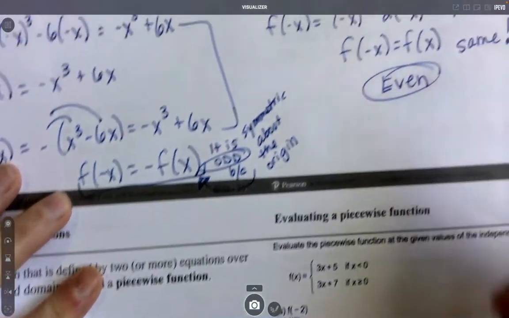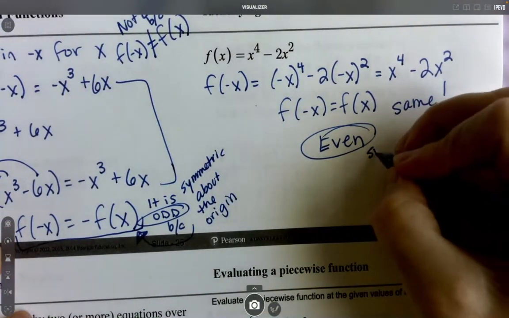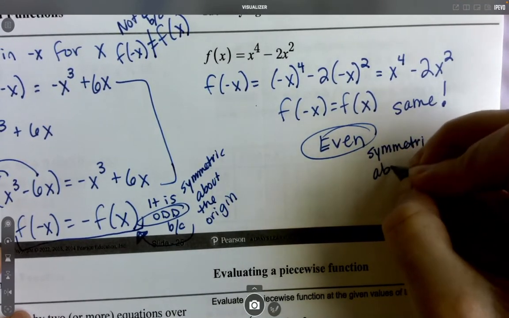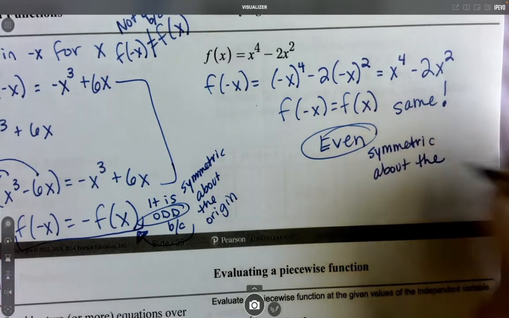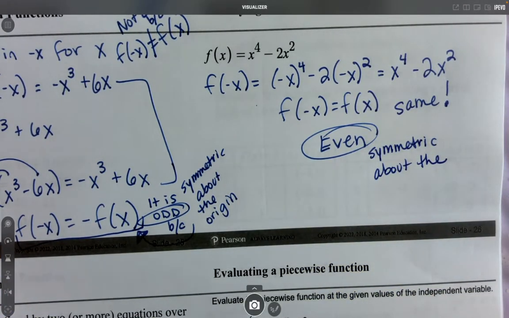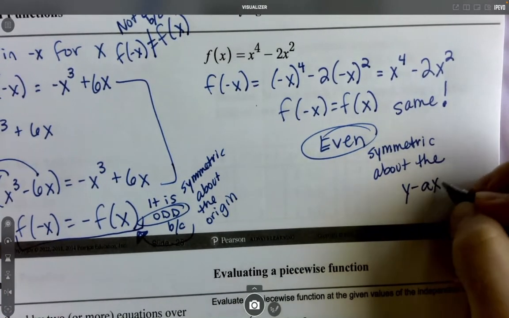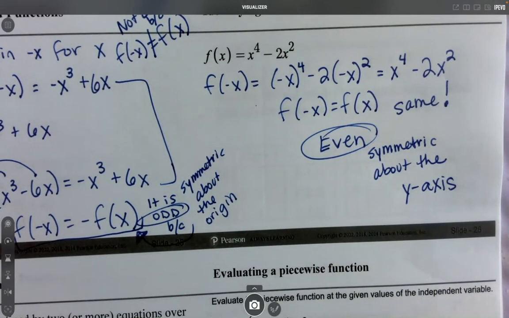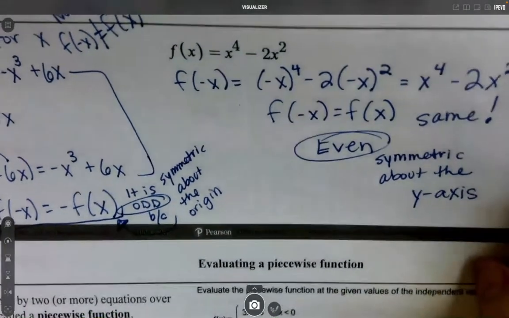And then this one was even, so it's symmetric about the y-axis, because that's what even means. It could be neither, but in this case, we have an odd and an even.